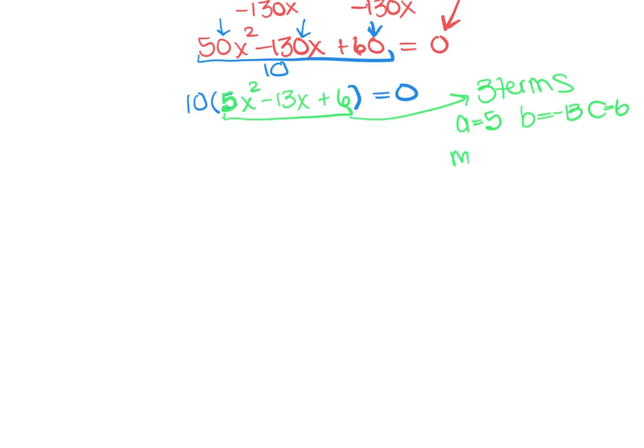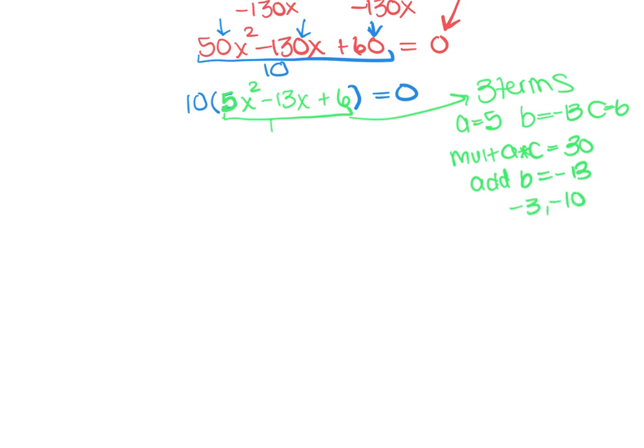So then I'm going to multiply A times C, which is 5 times 6, which is 30. We're going to add to B, which is negative 13. And so I need to think of 2 numbers that multiply to 30, but add to negative 13, which would be negative 3 and negative 10.